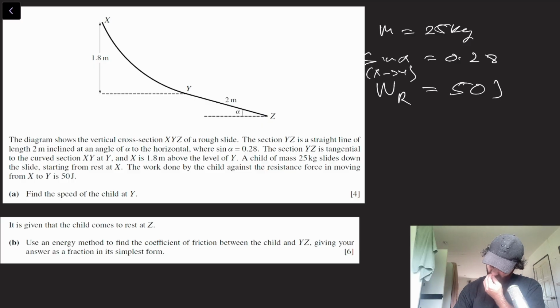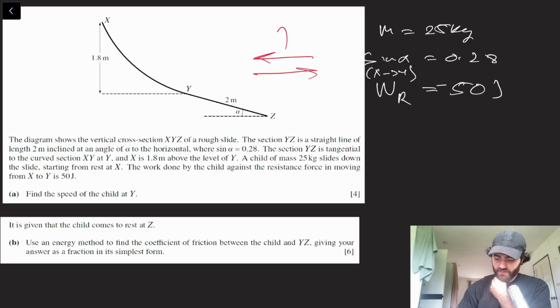But it's against, so it'll be minus 50 joules. This is the displacement. The displacement and the frictional force go in opposite directions to each other. So the frictional force is acting this way, and the displacement is acting this way. So that means it will be negative.